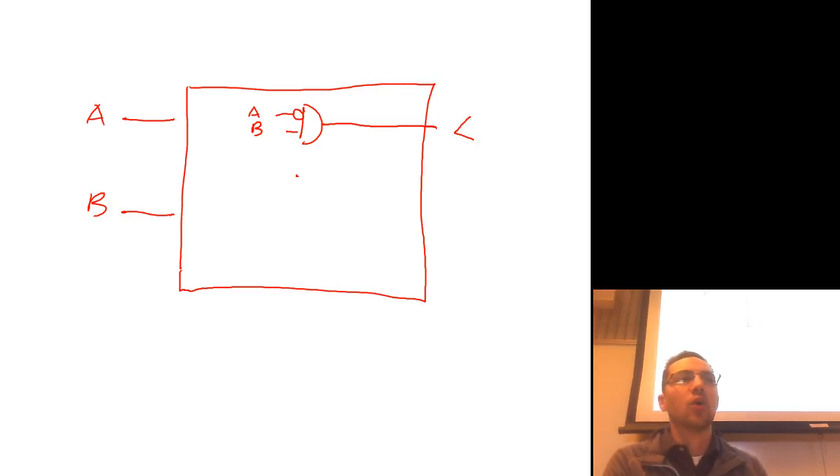Equality, how did we build an equality comparator? Well, that's A and B equal to 1, but that doesn't cover the case where A is 0 and B is 0. So let's draw out the truth table.